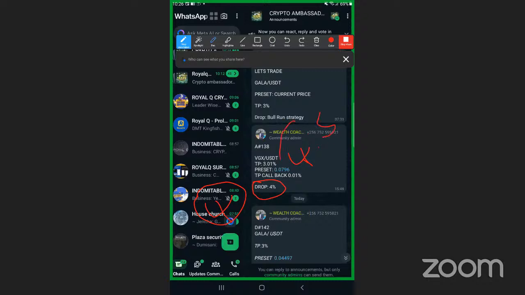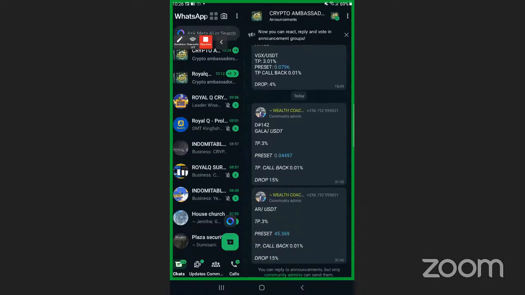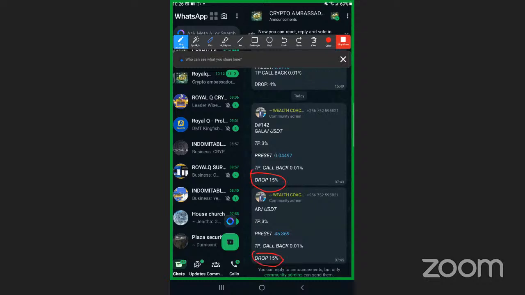What you get as an answer, you allocate per layer for all the 5 margin calls. If it says 15, like this one, it says 15% drop. You take 15 divided by the number of margin calls, which is 5. It means per layer you allocate 3%.